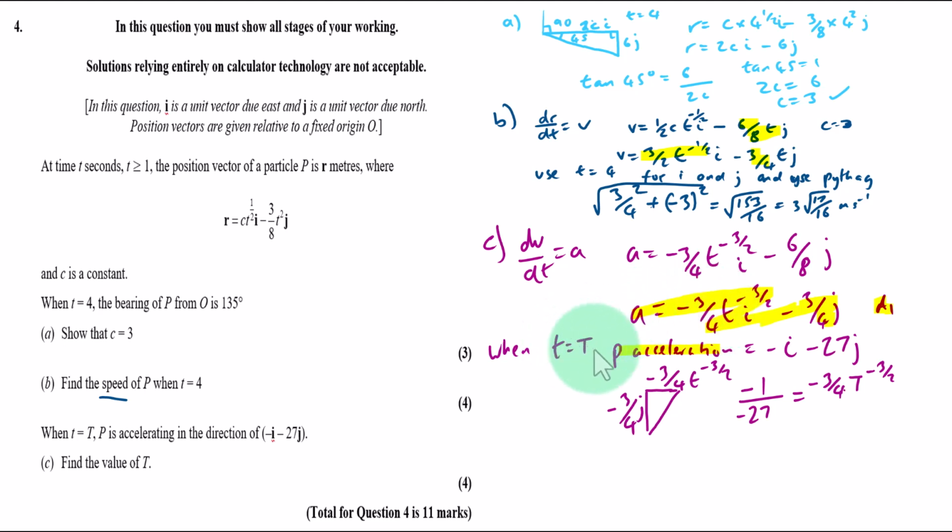Right, so we have to link, this is related to this because acceleration is linked. So imagine our triangle in terms of acceleration, that's our movement in terms of a, and they've given at a particular time T, this is our acceleration here, minus i minus 27j.